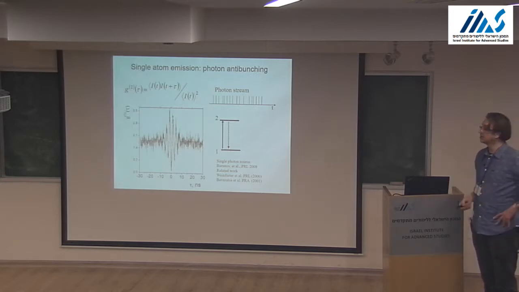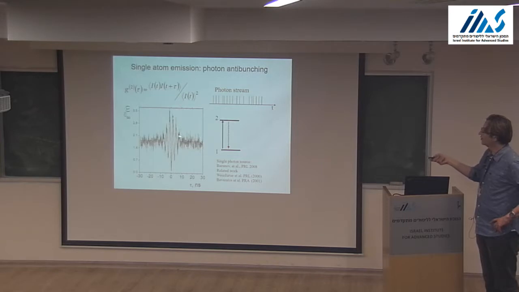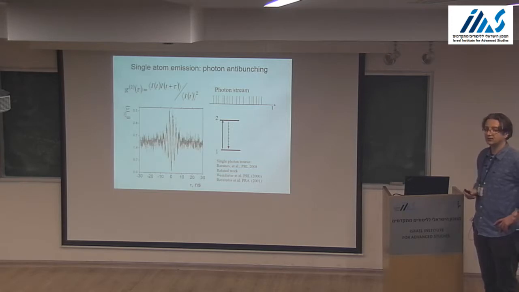That's just the signature of a single atom, but you also see some oscillations. Those are Rabi oscillations: your laser is driving a two-level system, the atom can be considered a two-level system with ground and excited state, and it drives it and induces several Rabi flops that you also see in the correlation function of emitted light.